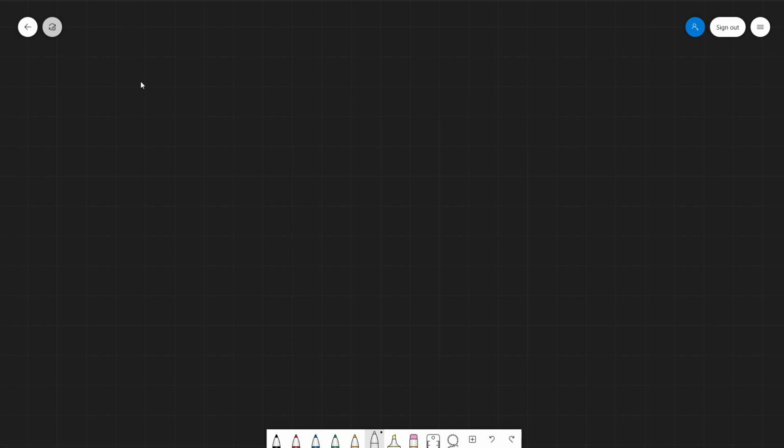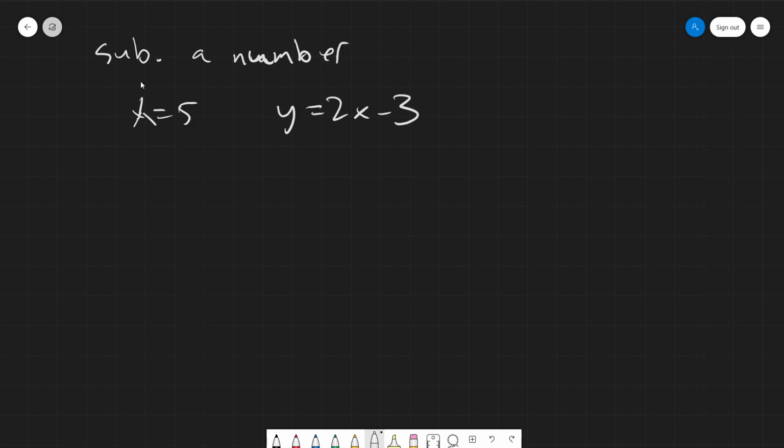So the basic level is, first you're just going to be substituting a number. So when x equals 5 and y equals 2x minus 3, all I'm going to do is take that 5 and plug it in for x.